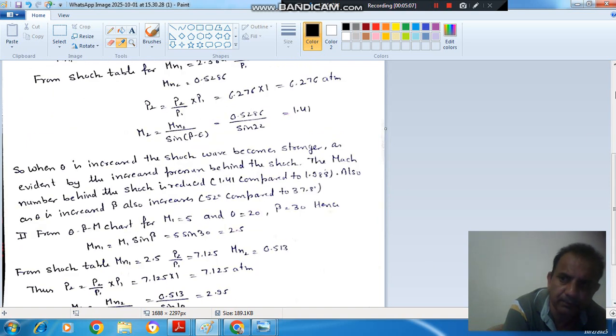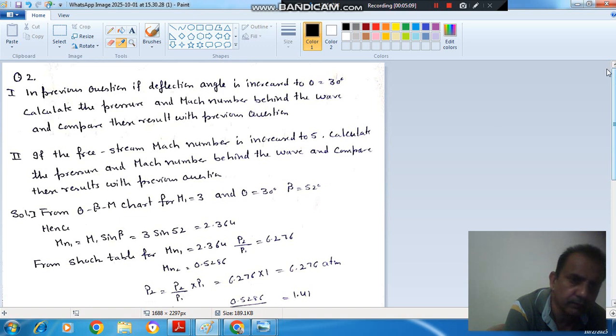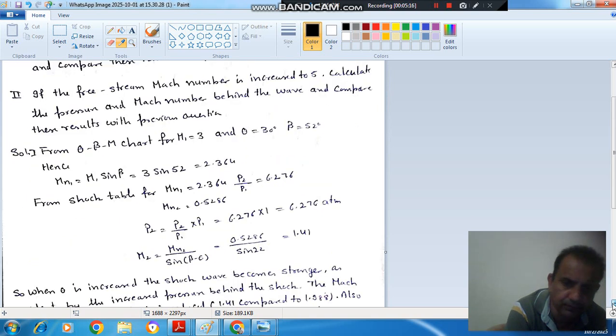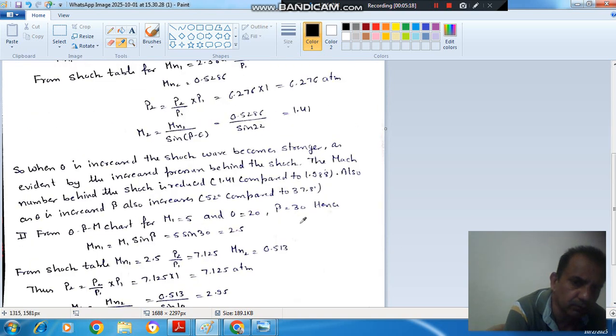Now the second part is, if the free stream Mach number is increased to 5. Initially it was 3, now it is 5. So from the theta-beta-M chart, corresponding to M1 equal to 5, theta is the same, that is 20 degree as in the first question.